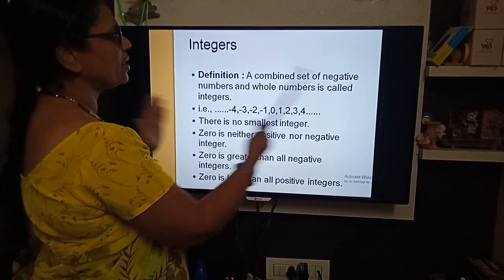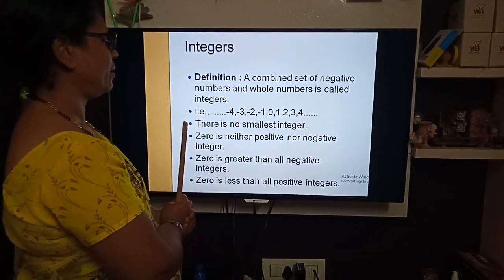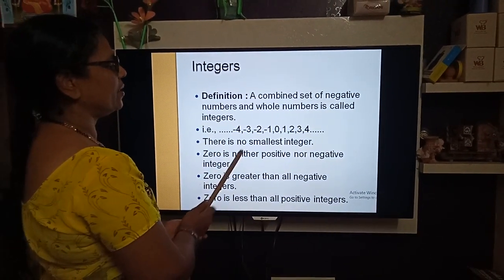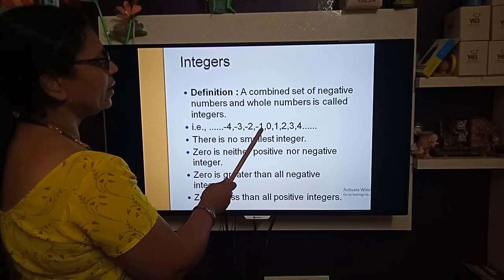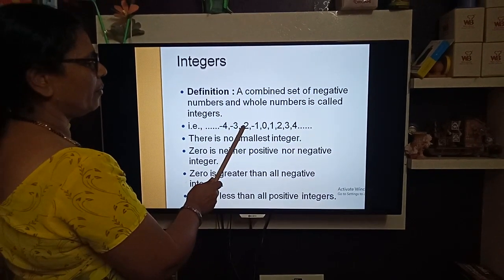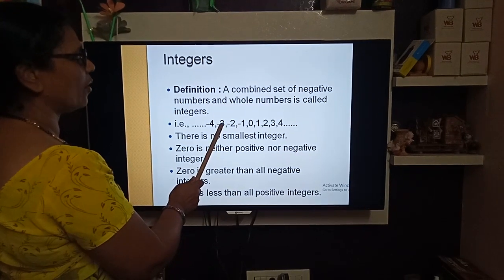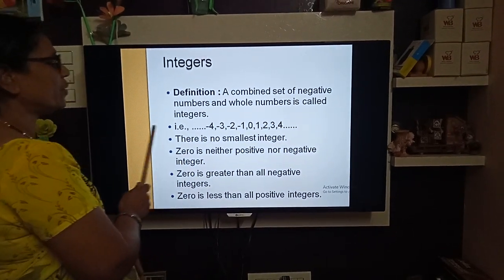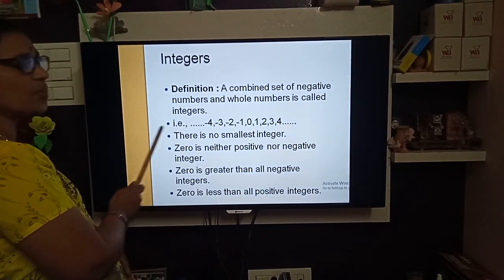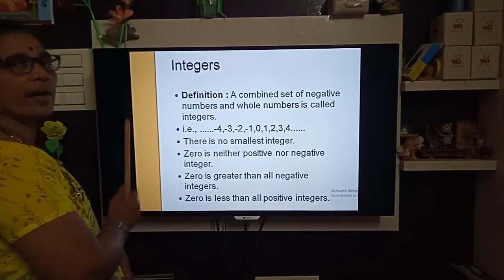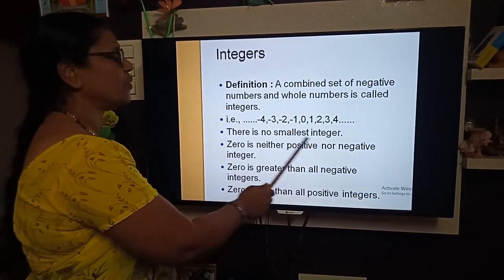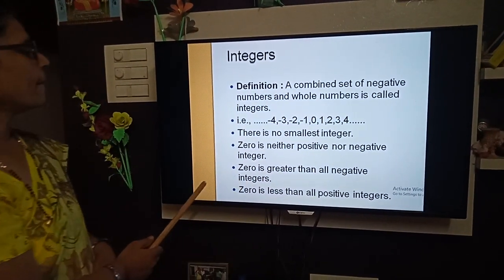On both sides there is no end for numbers. There is no smallest integer. See here, -1 is greater than -2. -2 is greater than -3, or -3 is less than -2. When we keep on moving toward the left hand side, we get smaller numbers, but there is no end for smallest numbers. So we can say that there is no smallest integer.